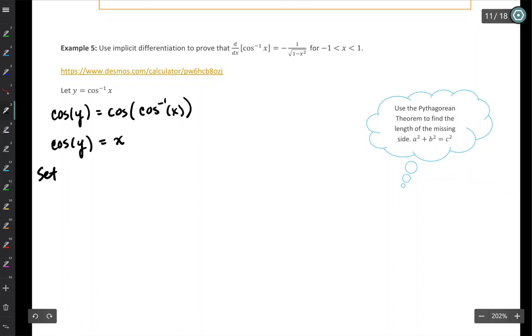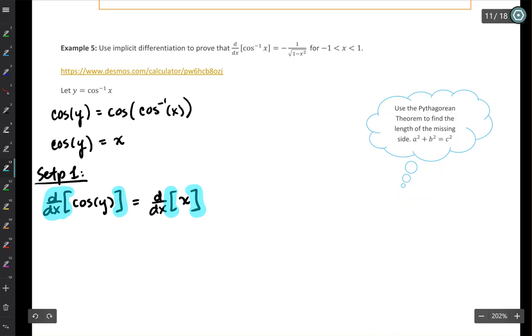Again, step one is to take the derivative of both sides with respect to x. I'm not taking the derivatives yet, I'm just writing that that's what I'm about to do.